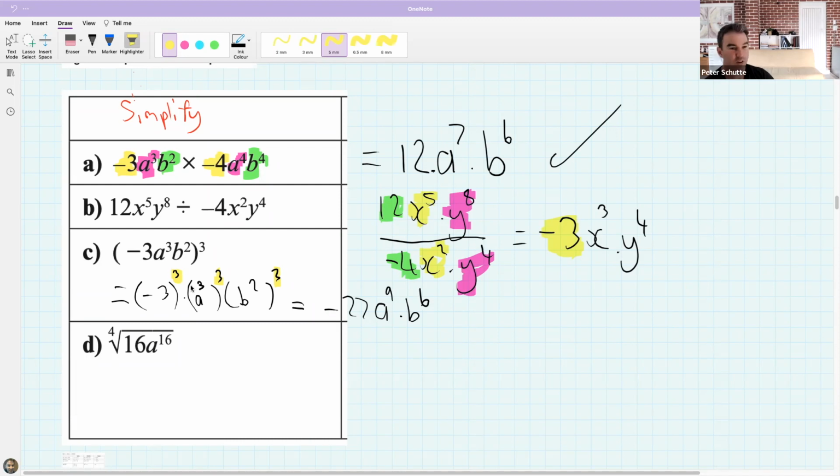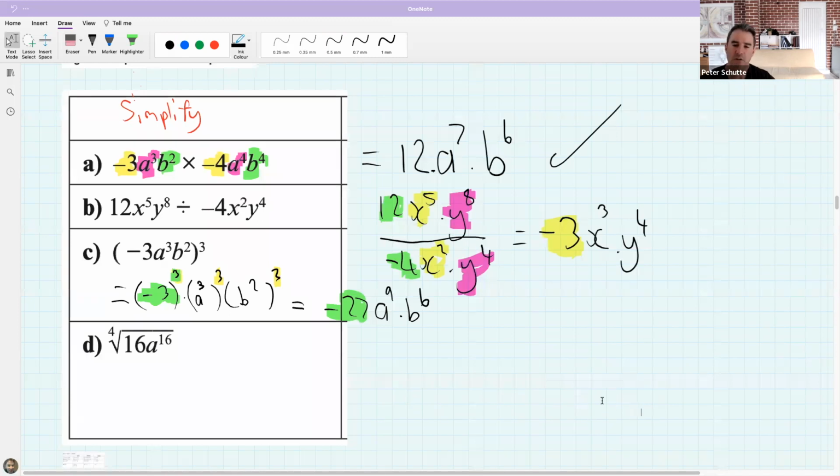Now you may ask yourself, why is -3 cubed negative? Whereas before, when we were squaring things, they were positive, and it lies in the fact that there are 3 things. So if you think about it, negative times a negative, that's positive. But if you times it by another negative, you end up with -27. And so that is where the -27 comes from. Okay.